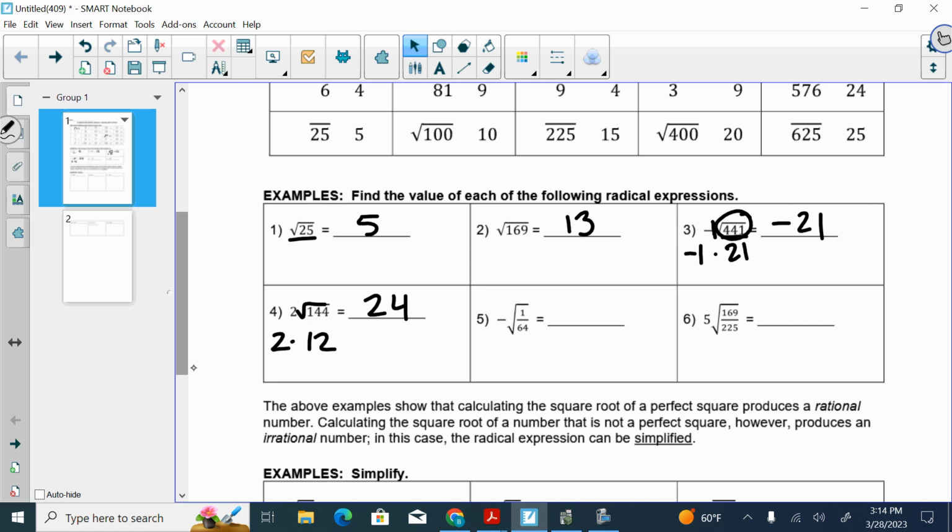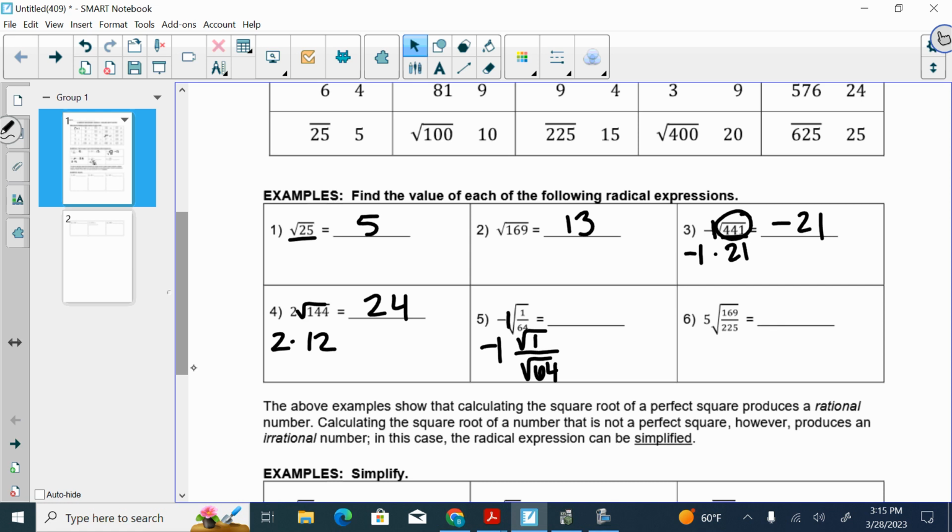Okay. All right, here we've got a negative in front. Remember, that's like a secret -1, right? So I've got -1, and then I've got the square root of 1/64. What I want us to do is split that up. Think of it as the square root of 1 over the square root of 64. We're taking the square root of both pieces, not just one of them.